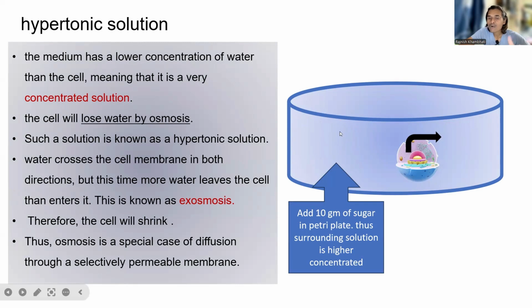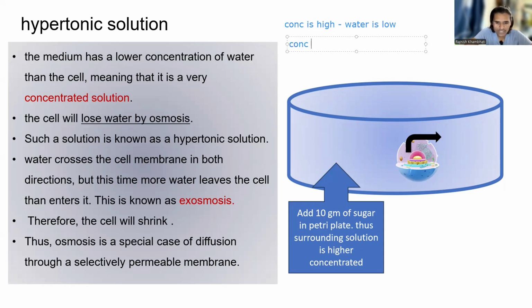In other terms, outside is low water and inside the cell is high water. Do not be confused by these sentences. I just told you previously: when the concentration is high, water is always low, and vice versa, when the concentration is low, that means high water.